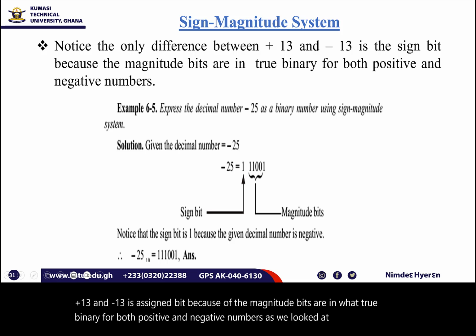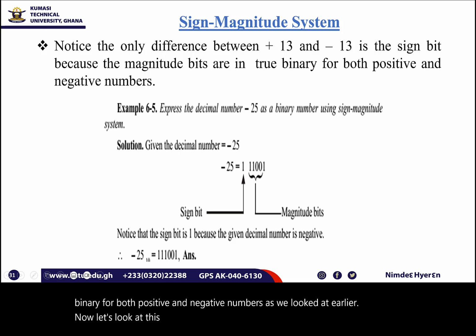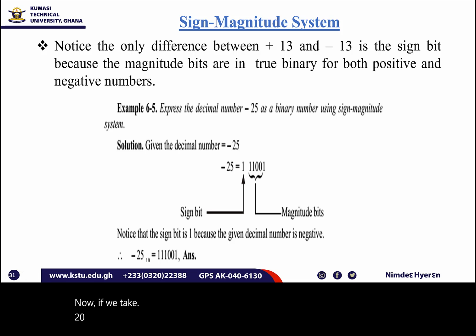Now let's look at this example. Express the decimal minus 25 as a binary number using the sign magnitude system. Now, if we take 25, its real binary bits, or magnitude bits, will be 1, 1, 0, 0, 1.